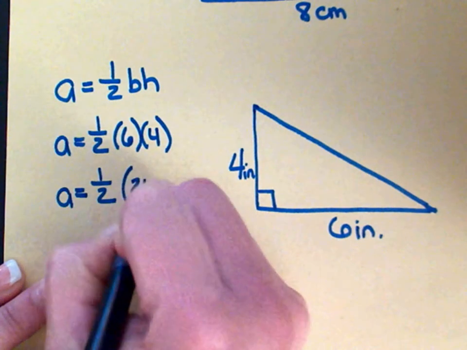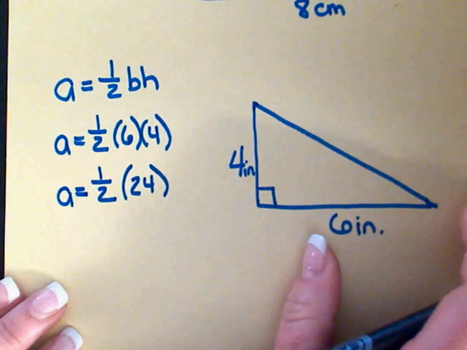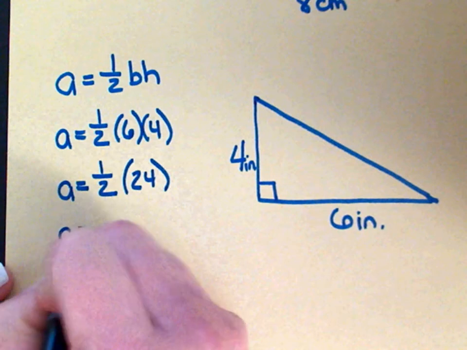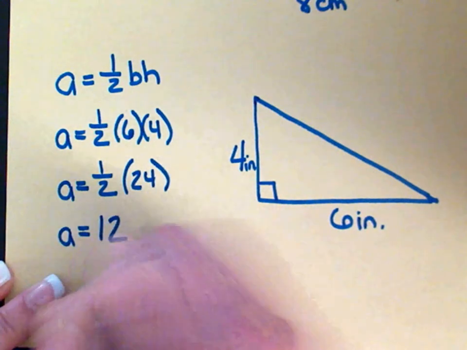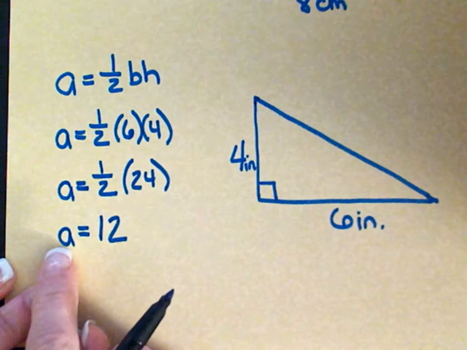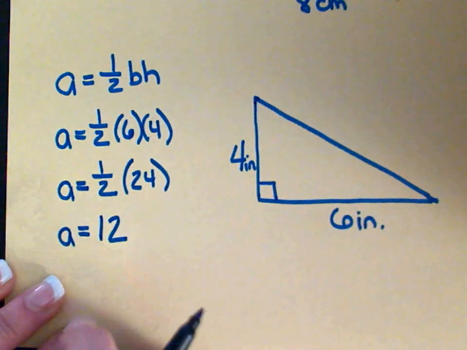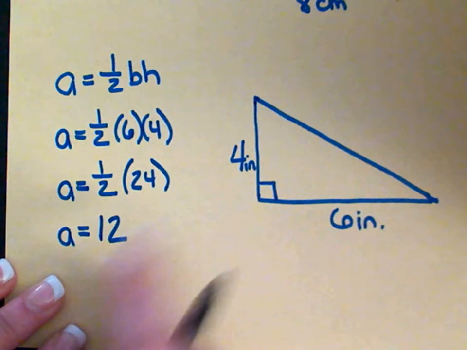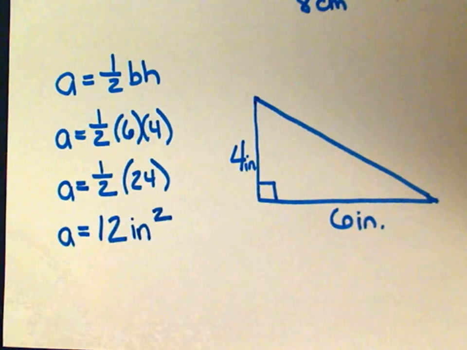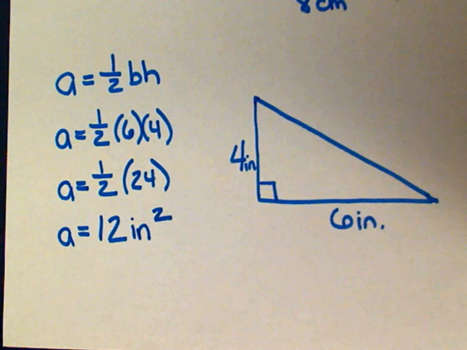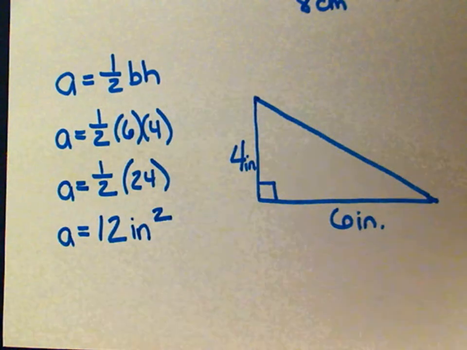Again, left to right, just fill in what you already have. I do not have my area yet. I have not used my half yet, so I'm going to leave that alone. My base is 6. My height, my straight line going from bottom to top, is 4. Again, left to right, I still do not have my area. I still have not used my half.